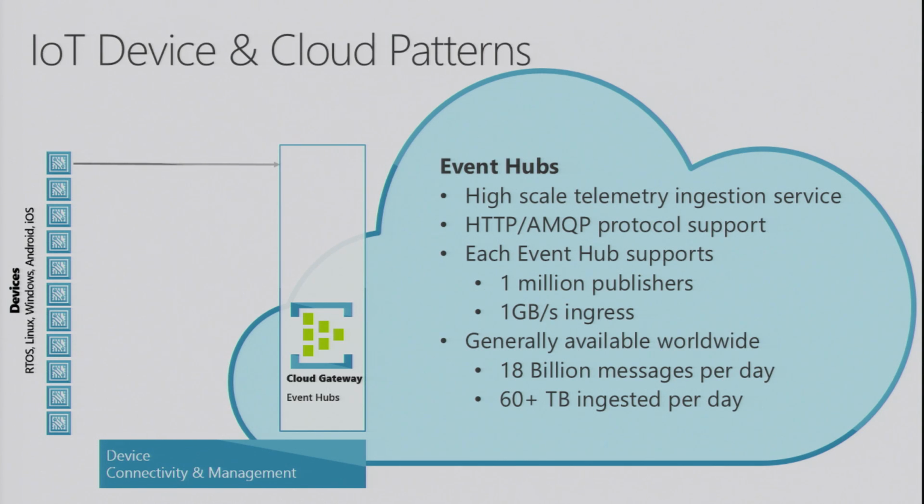So if your device already has an internet connection and can connect to Azure, just go ahead and connect it directly. For example, Raspberry Pi 2, okay? Just go ahead and have your application connect to the Events Hub.